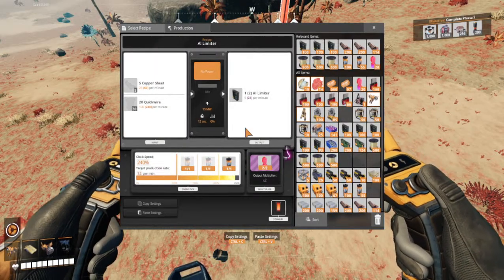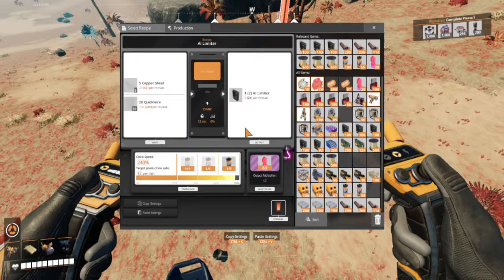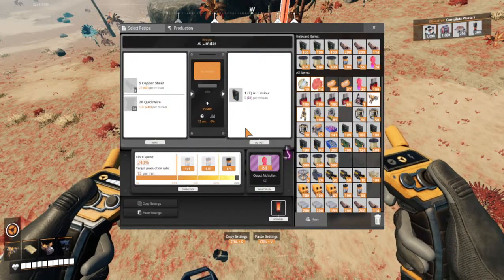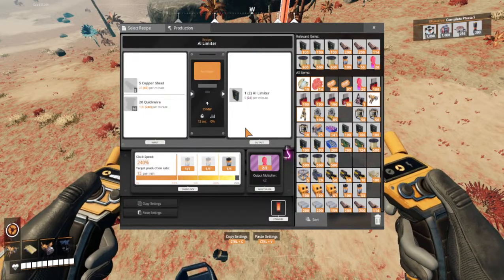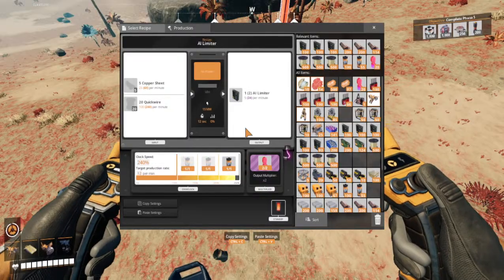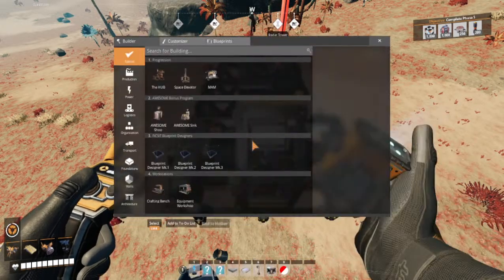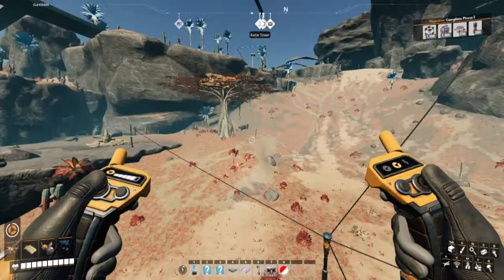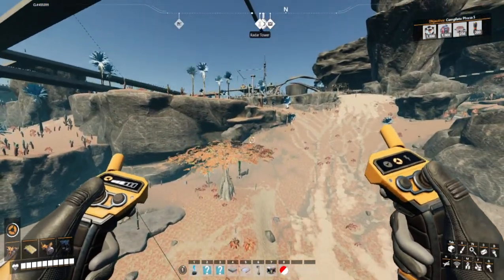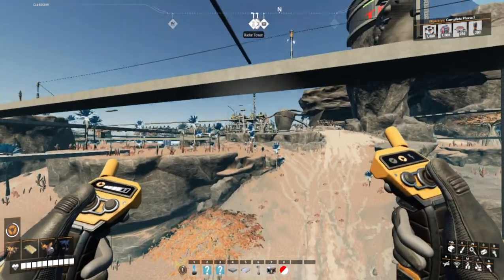And now I have, let's see, 8. Do I have 8 copper sheets? Let me check if I have 8 copper sheets. Pretty sure I have 8 coming in. Double check. Get the numbers.